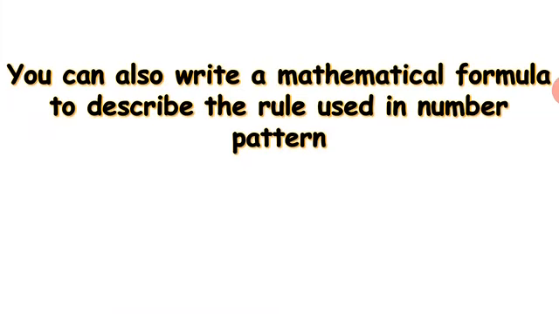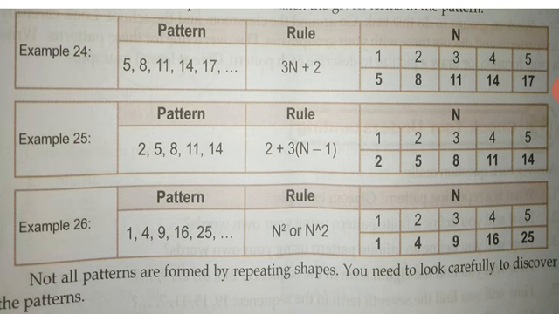You can also write a mathematical formula to describe the rule used in a number pattern. So this one, the pattern is 5, 8, 11, 14. As you can see, it is increasing by 3.